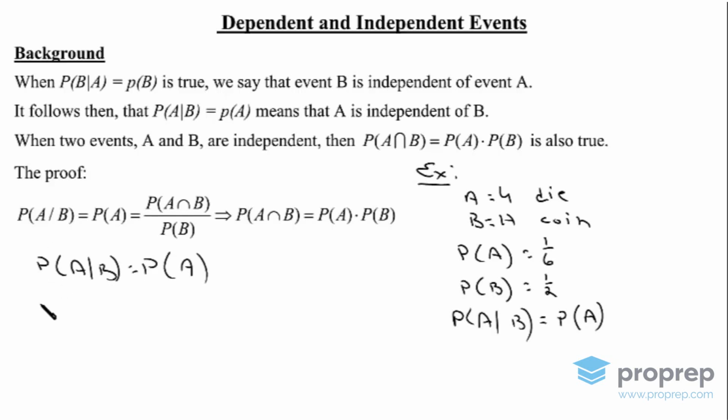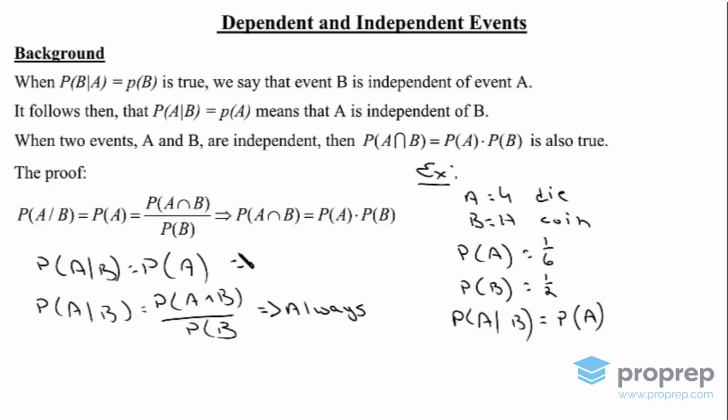Now, we also know that the probability of A given B equals the probability of A intersect B divided by the probability of B. And that's true always. We said here that's true when A and B are independent. Now, since both these equations are equal, we can rewrite them.